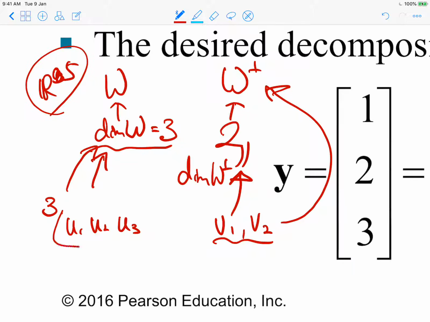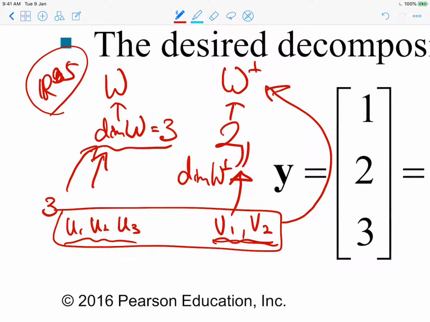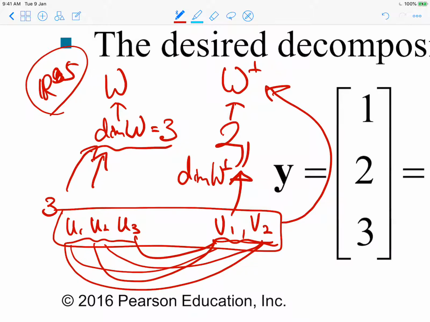And then all together, collecting all 5 vectors, are they an orthogonal set? So within each set, they are orthogonal. But in order for their union to be an orthogonal set, we have to check all pairs across these 2 sets. Are these orthogonal?